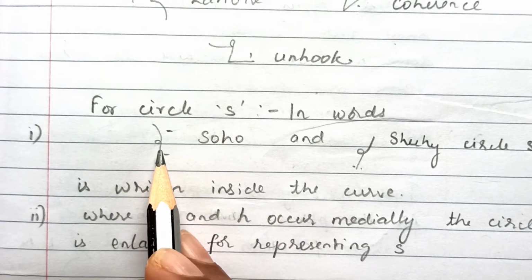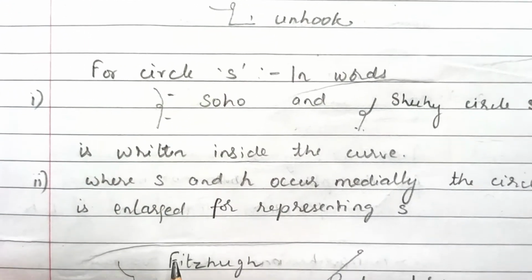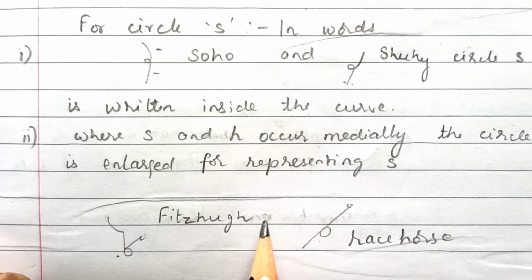And when we have both the sound of H as well as circle S, in such cases we have to enlarge the size of the circle to indicate the sound of H as well as the circle S. So, Fitzhugh means Fitzhugh. Then Hugh, here for Hugh we have one more circle.